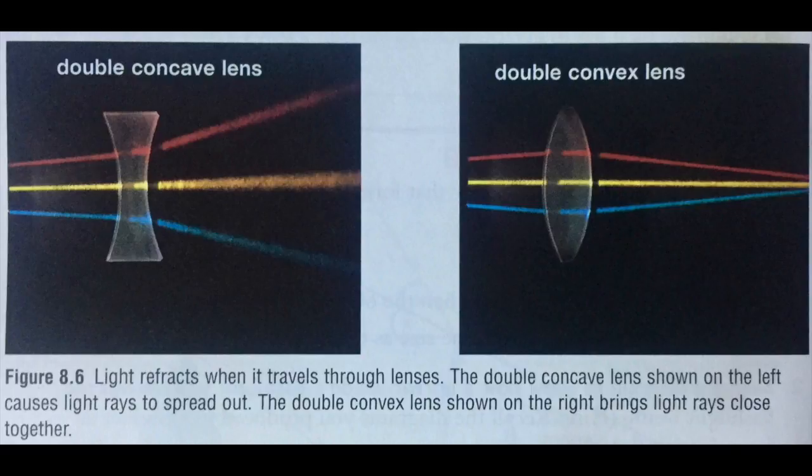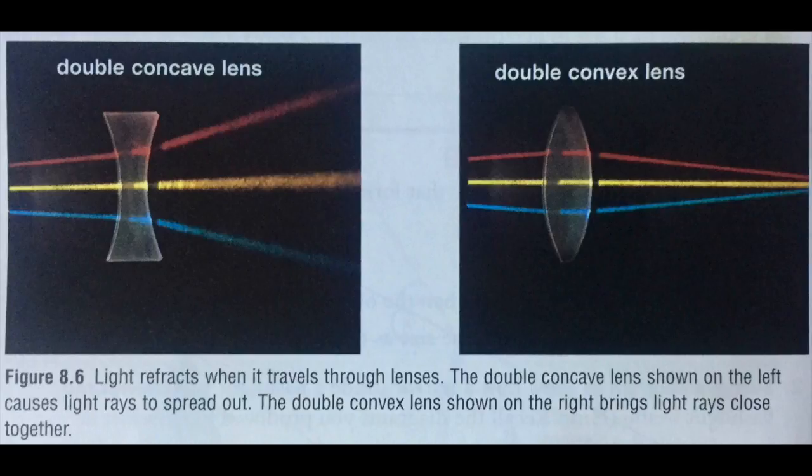So the double concave lens is divergent. It's a divergent lens, where the double convex lens is convergent. Light passing through the thicker, more curved areas of the lens will bend more than light passing through flatter areas.